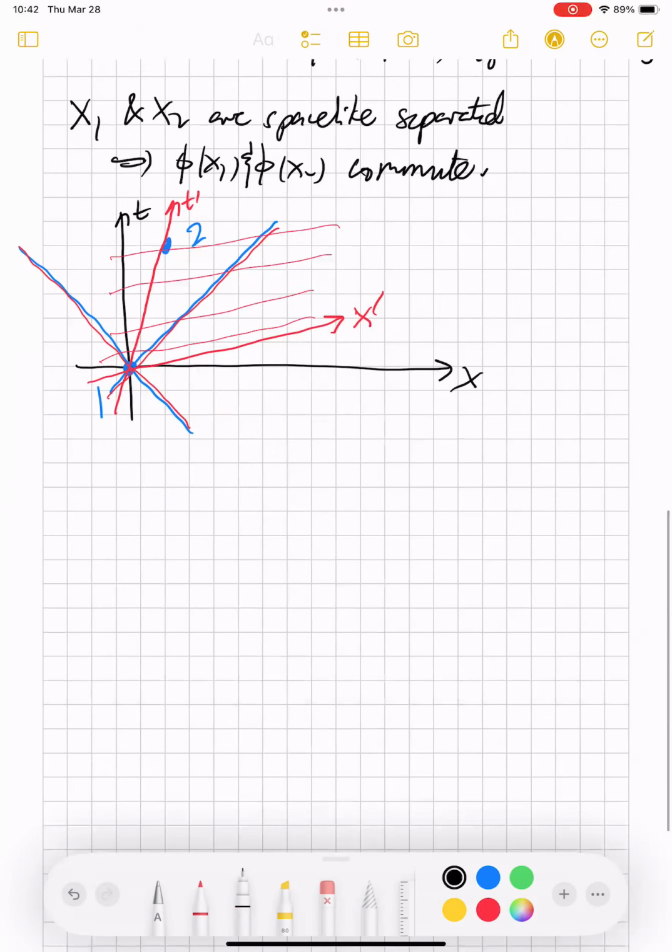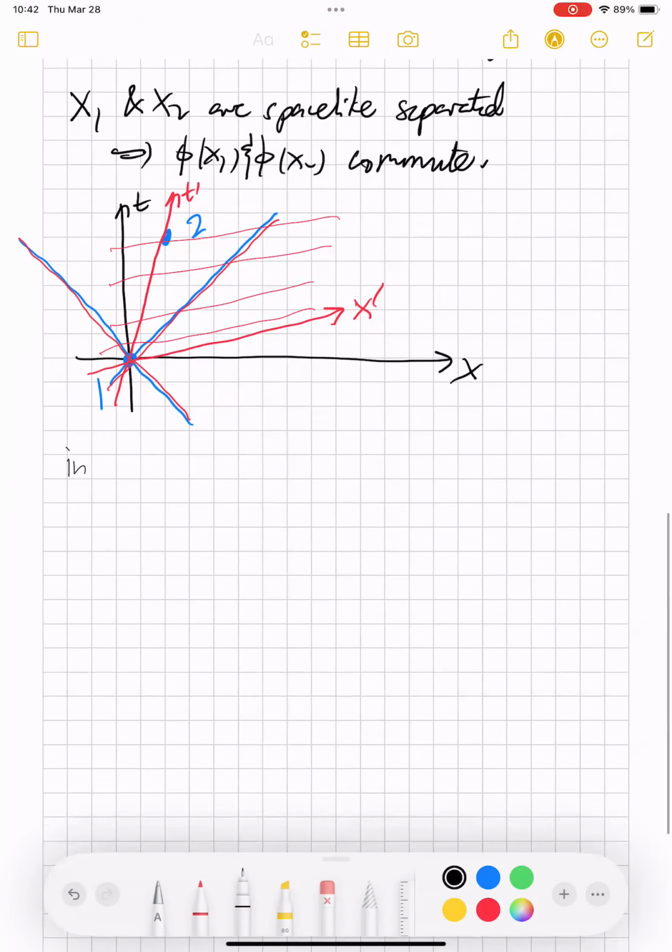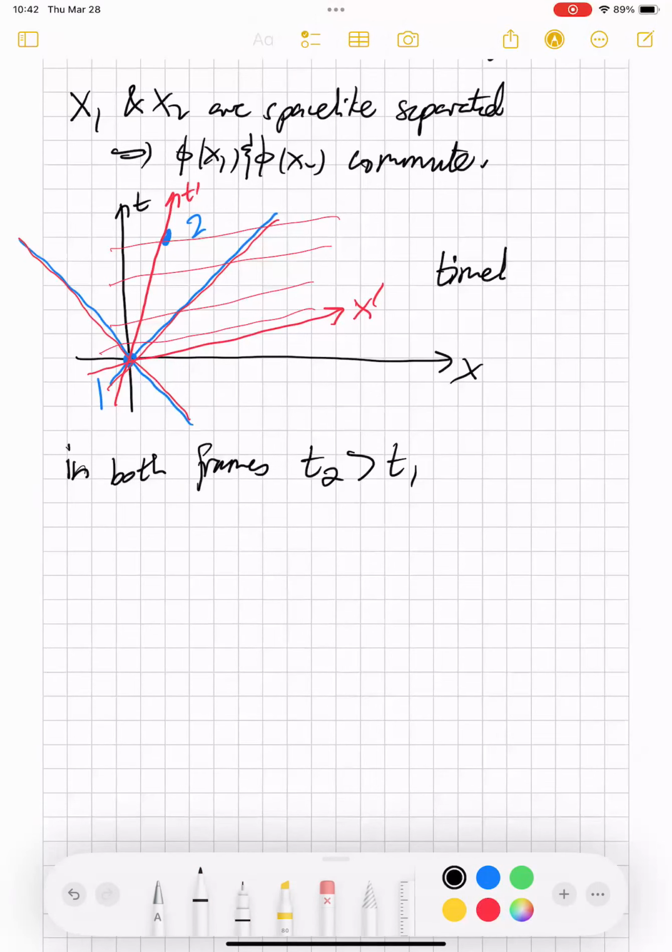So in both frames, t2 is greater than t1. And this is in the case where your two points are time-like separated.